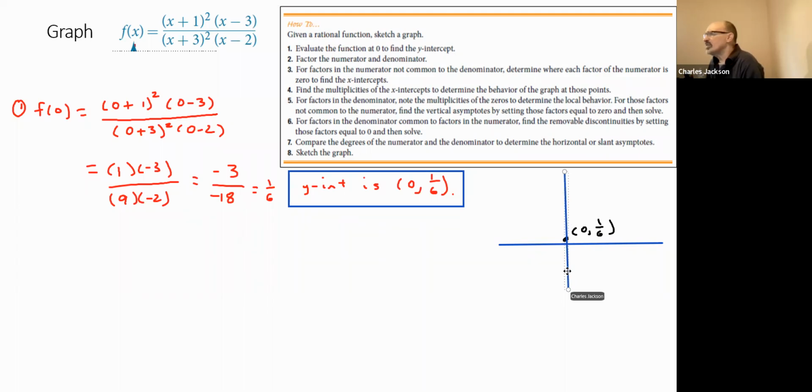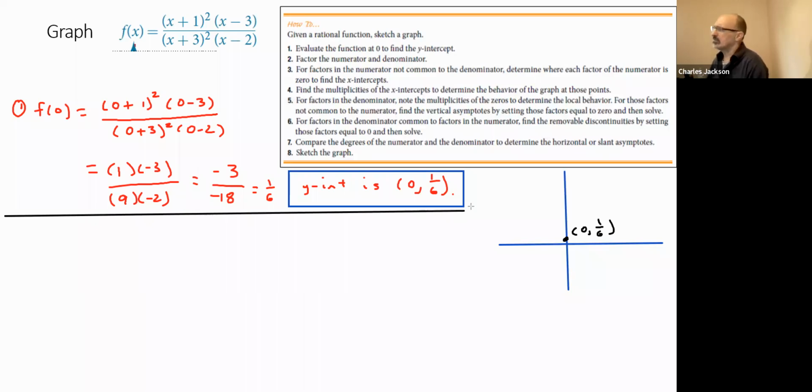Okay, so we're going to find the x-intercepts by finding the zeros of the numerator. What are the values of x that make the numerator 0?